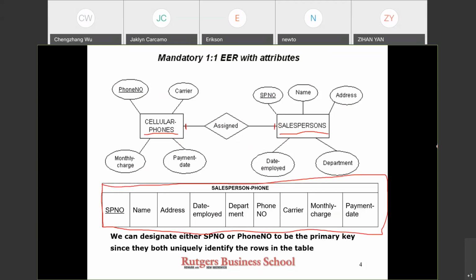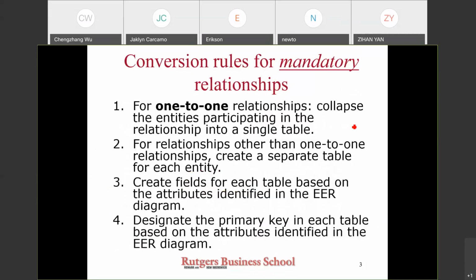Well, again, this is a mandatory one-to-one relationship. So let's go back to our rules and take a look. Our rule for one-to-one relationship is simply to collapse the entities participating in the relationship into a single table.